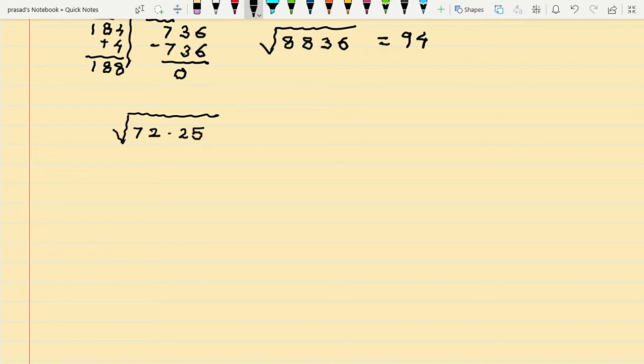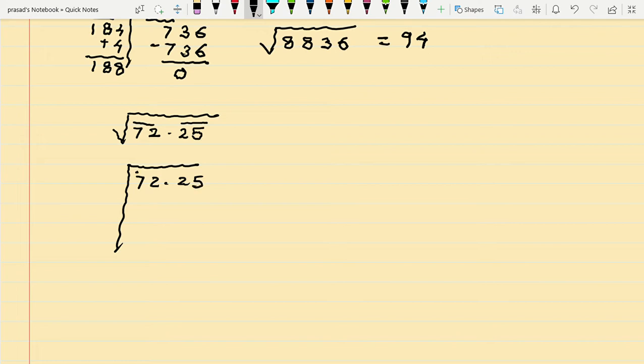Now whenever there is a decimal point, how do you do the grouping? On the left side of the decimal point, starting from right to left, make the groups of 2, and on the right side of the decimal point, starting from left to right, make the groups of 2. So in this case, the first group is 72 and the second group is 25.